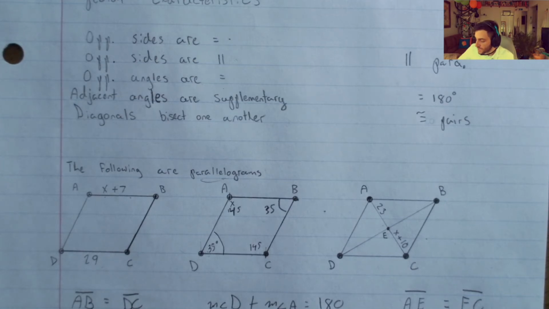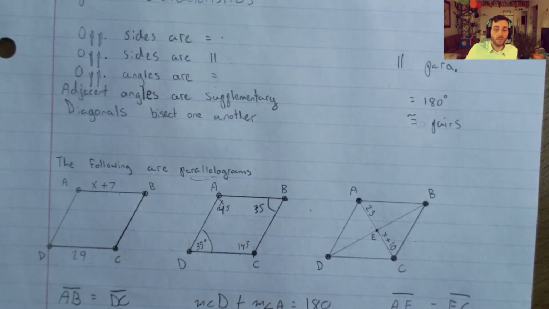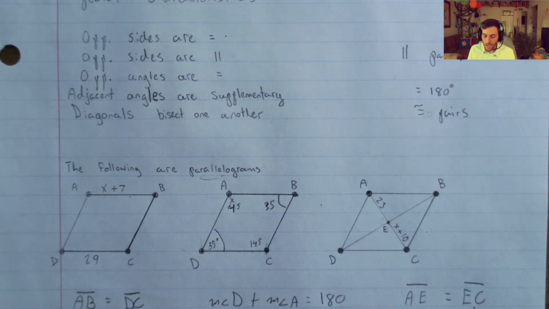But DE would only be congruent to AE if we had a rhombus. Because in a rhombus, our diagonals, and in a square, our diagonals end up being congruent, as well as in a rectangle, their bisections end up being equal as well.